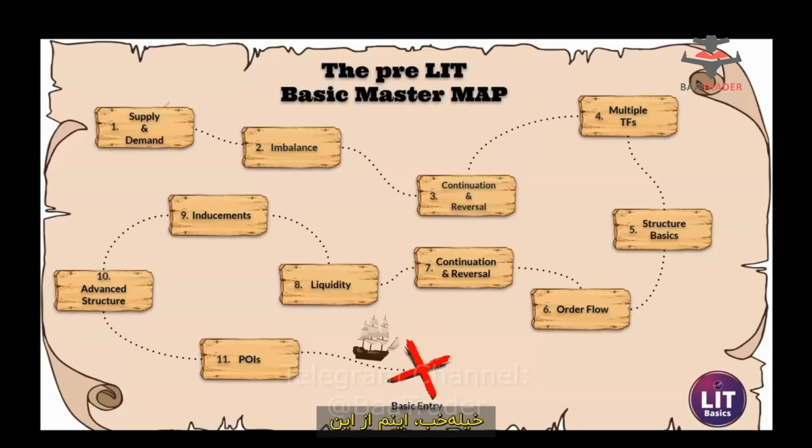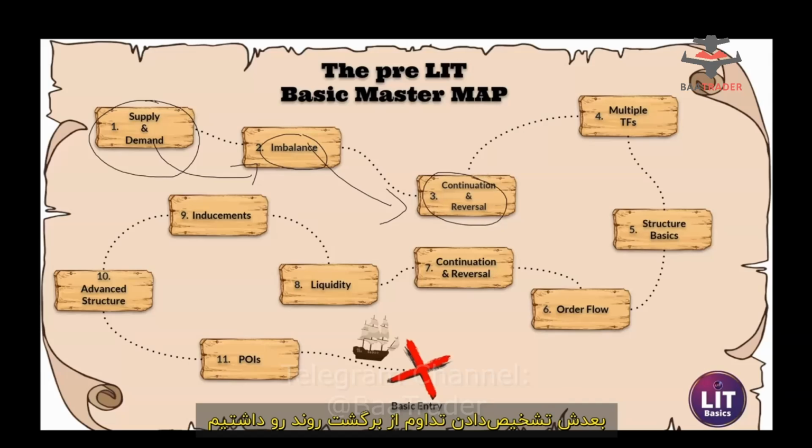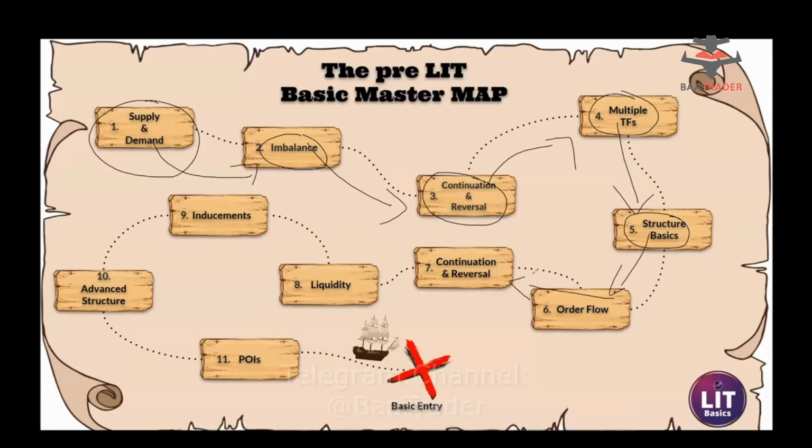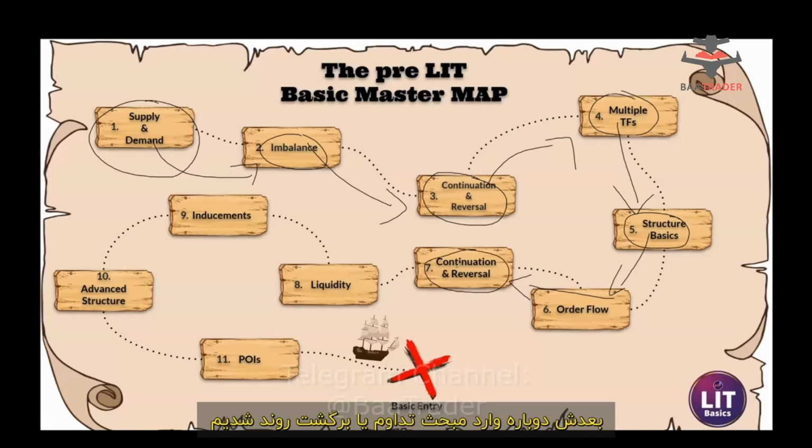So, okay, and there we are, from the basic primitive approach into some sort of imbalance refinements, then differentiating if it's a continuation or reversal, using multiple time frames as well, using basic structure, making a little bit of fun out of this one, and how we could use order flow, again, seeing if it's a continuation or reversal.